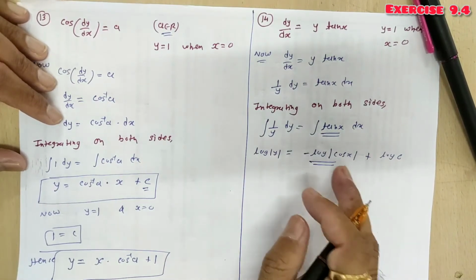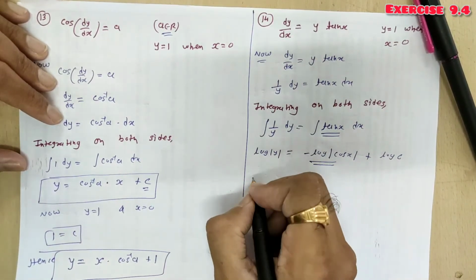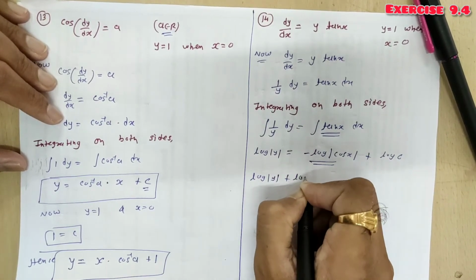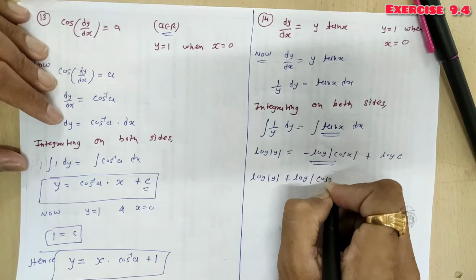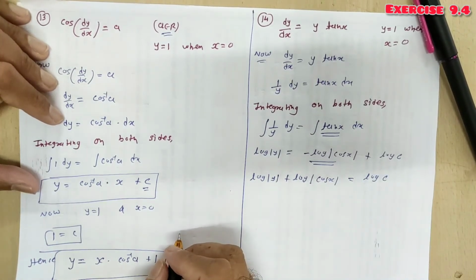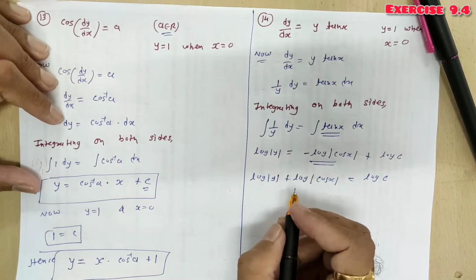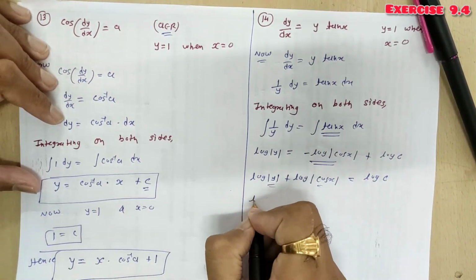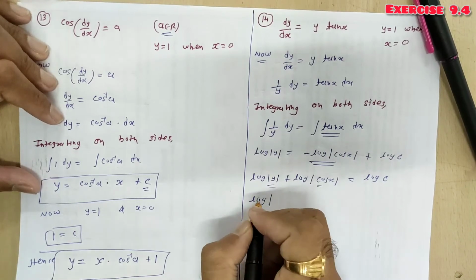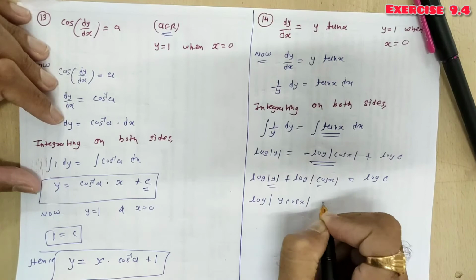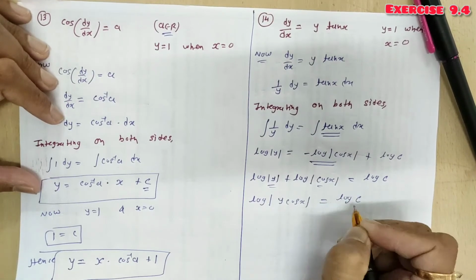Done. So now taking this log mod cos x on the left hand side, we have log mod y plus log mod cos x equal to log c. These two are in addition, so we can write the multiplication of these two logs. So it's log of mod y cos x equal to log c.